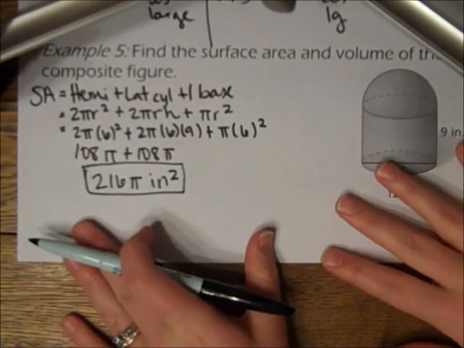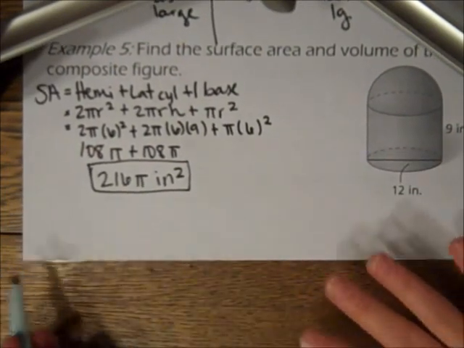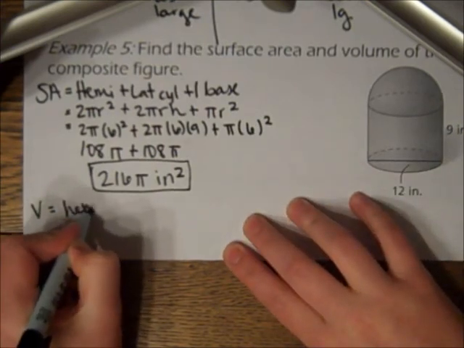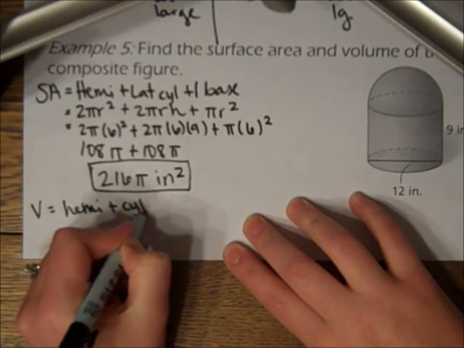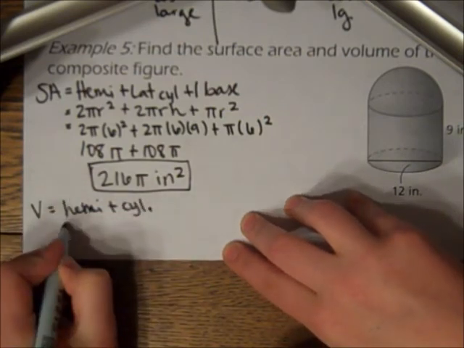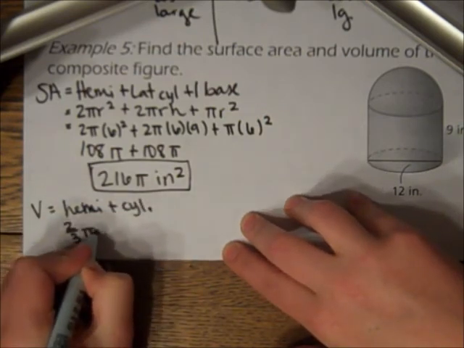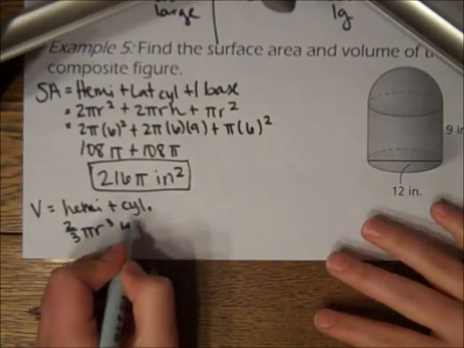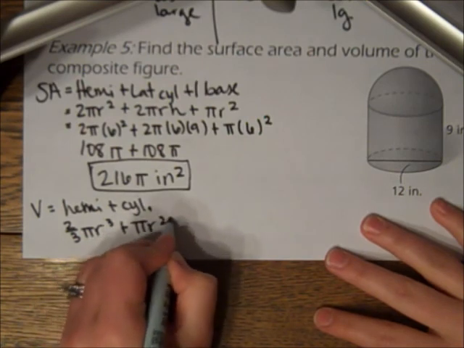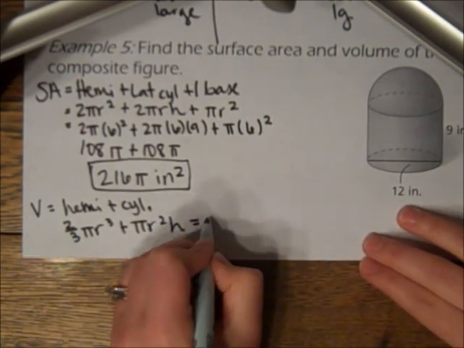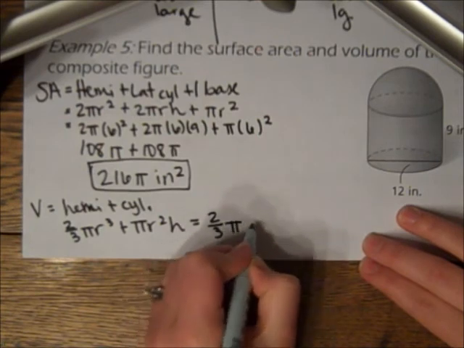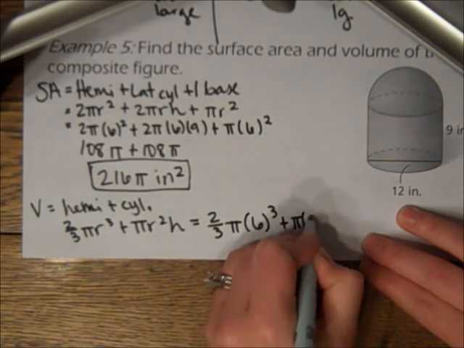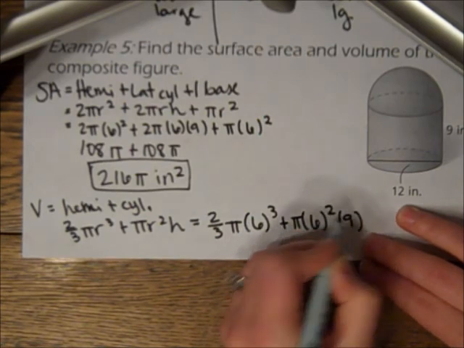All right, last piece today. For volume, it's going to be very straightforward. I want to do the hemisphere plus the cylinder. So that's going to give me 2/3 pi r cubed plus pi r squared h. I'm going to go sideways for this one. 2/3 pi times 6 cubed plus pi times 6 squared times 9.